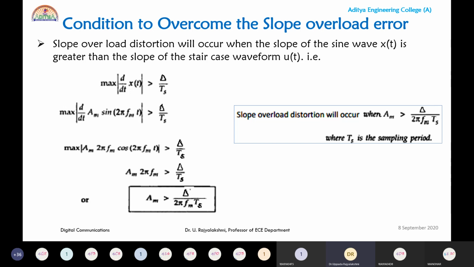So please calculate the derivative of the left hand side part, that is dx of t by dt. It will be Am 2 pi fm, and taking the derivative of sin you will get cos 2 pi fm t. You are taking the magnitude for that, and you are going to calculate the maximum of the magnitude of the slope.